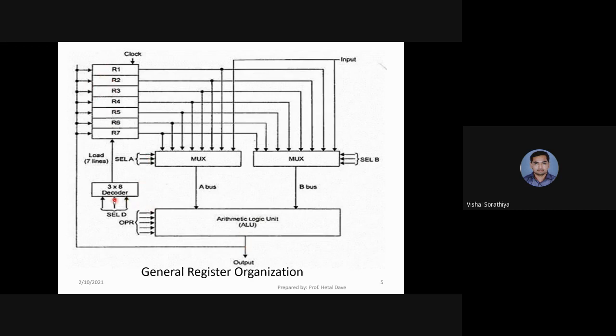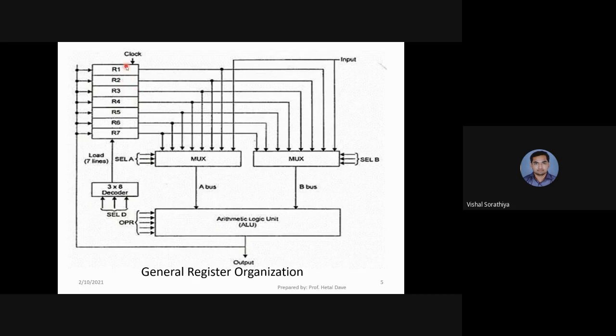So whatever selection line you have given, in a decoder you have given 0, 1 to 7. Depending upon the number you have given, that register gets enabled and the data is going to be stored over there. For example, whenever I'm doing an add, initially I will add the data available in R1 and R2, and the result will be stored in R3.